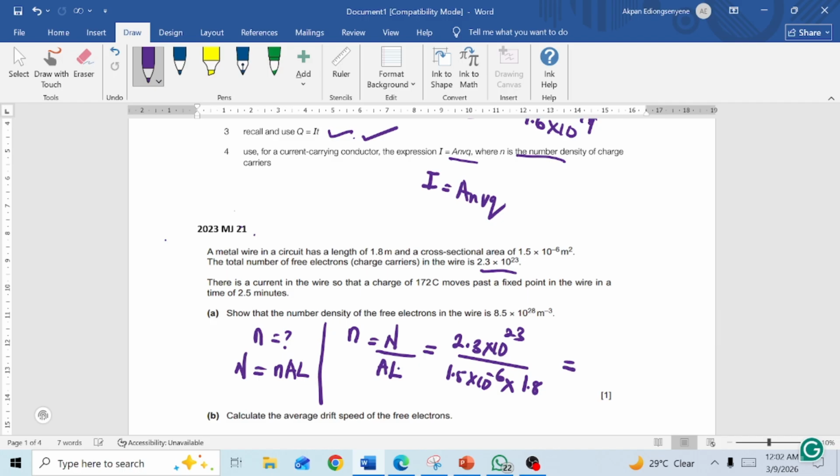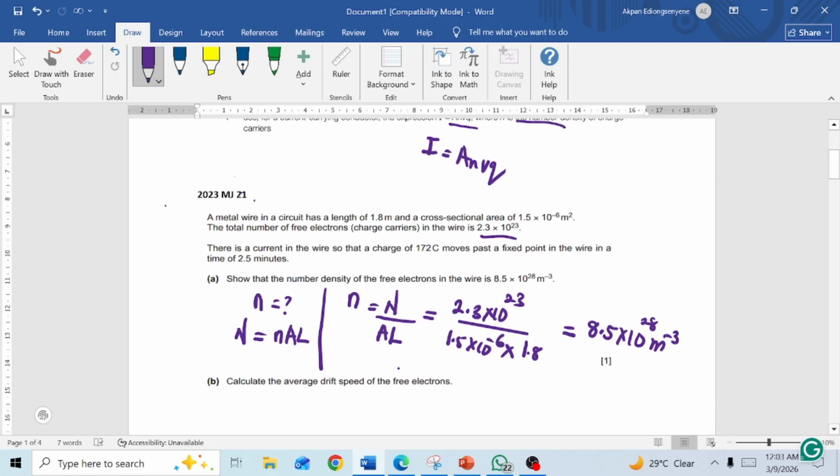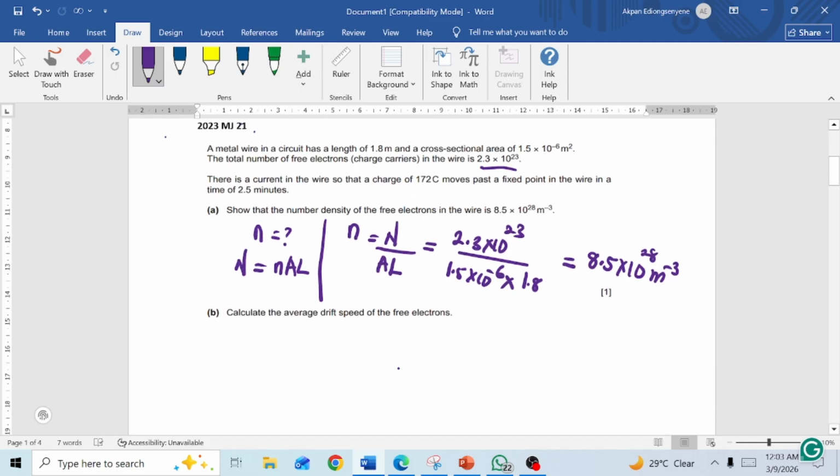Put that in your calculator and the answer will give you 8.5 times 10 raised to the power of 28 per meter cube. You can see how it looks simple because you know from the foundation. Let's get to the next question.